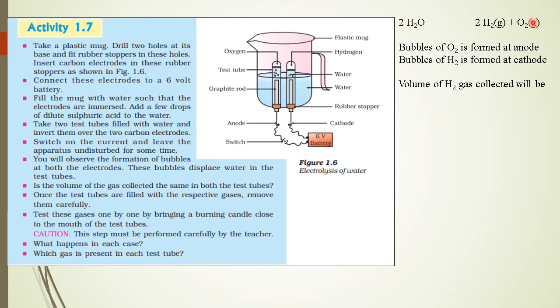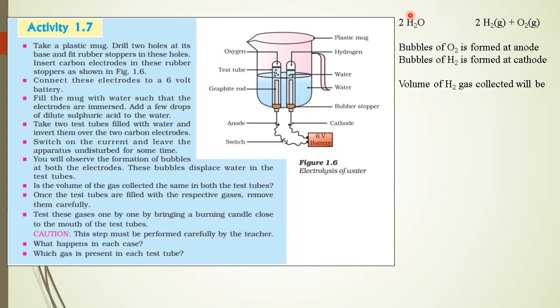Since H2 and O2 are gases, you will see that the hydrogen gas is produced at the cathode. This is the cathode. So hydrogen gas bubbles would be observed at the cathode, and at the anode oxygen gas bubbles would be there. Why? Because the water has undergone electric decomposition because of the electricity.